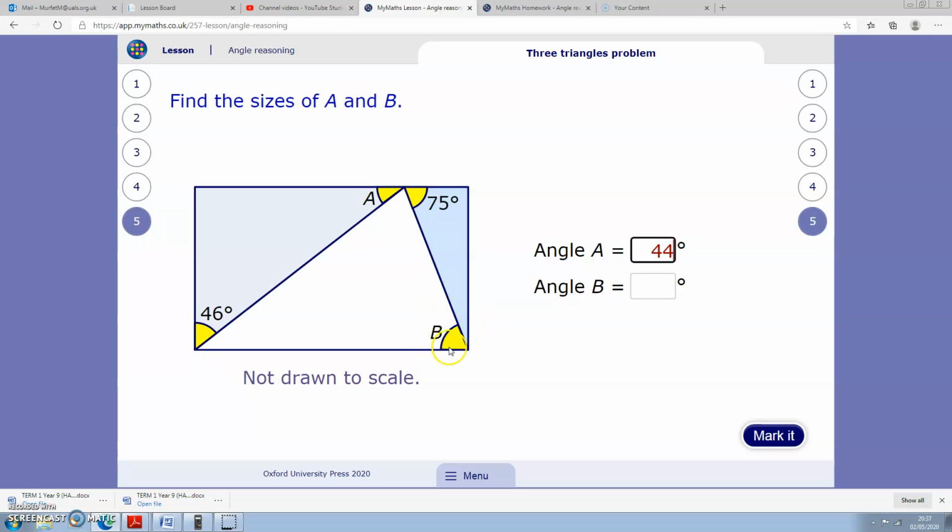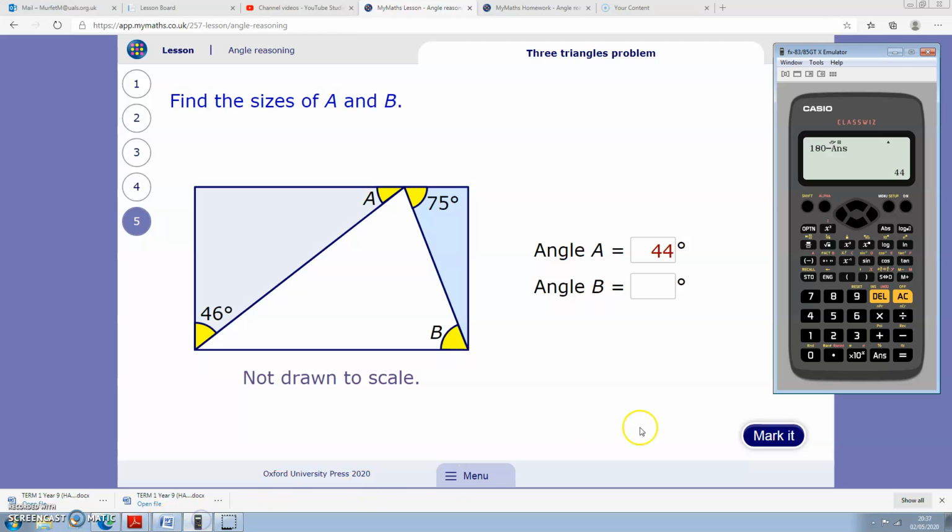So I could then take the little angle that I can find away from 90 degrees and I'm going to find B. Okay, so 90 plus 75 equals 165. Take away from 180 gives me 15.